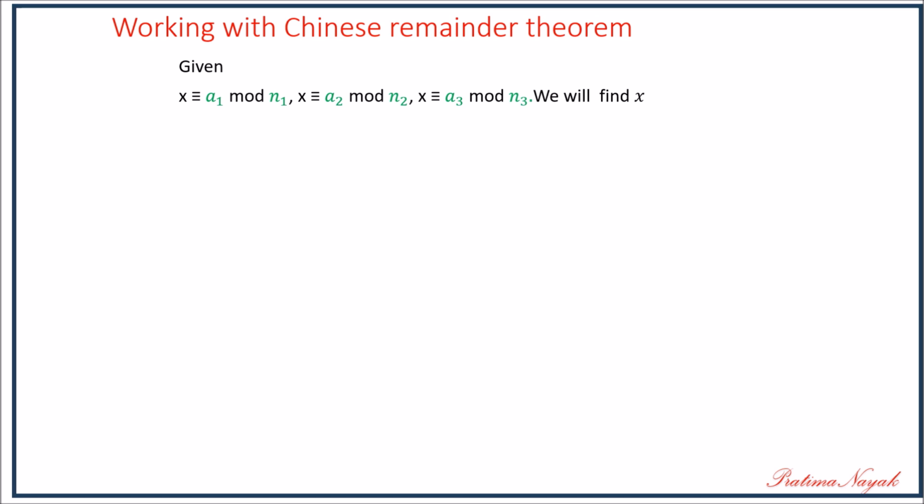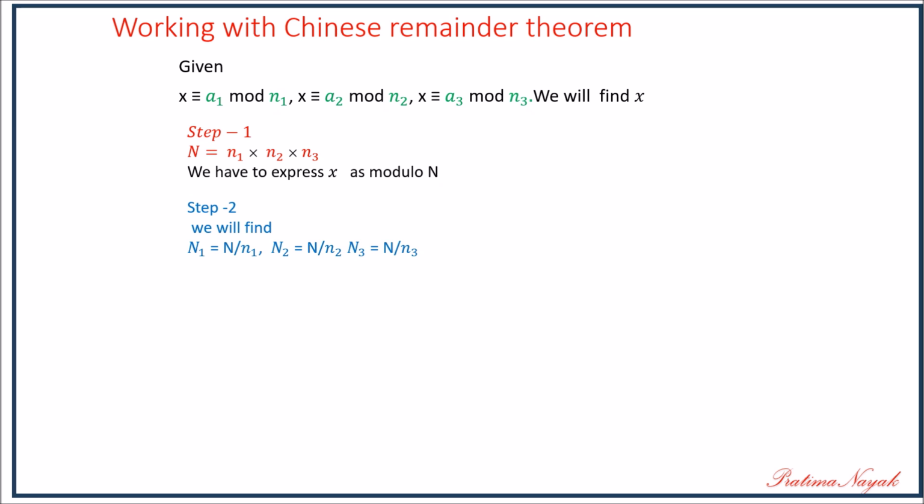The three simultaneous congruences are given as x is congruent to a1 modulo n1, x is congruent to a2 modulo n2, x is congruent to a3 modulo n3, and we'll find x. So step 1, first we'll multiply n1, n2 and n3. That is denoted as capital N, because at last we'll find x modulo N.